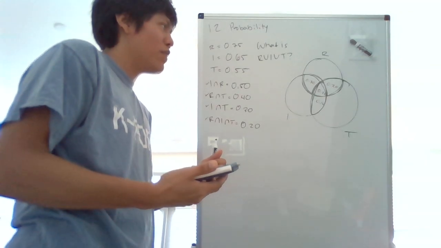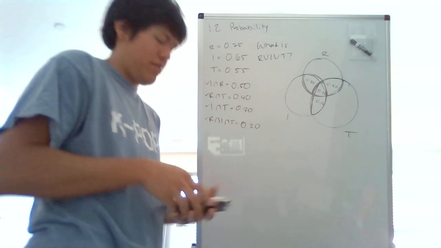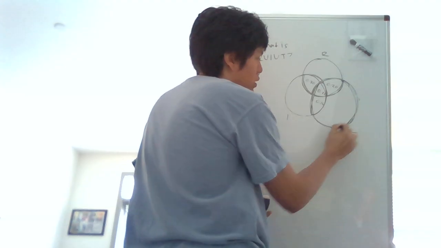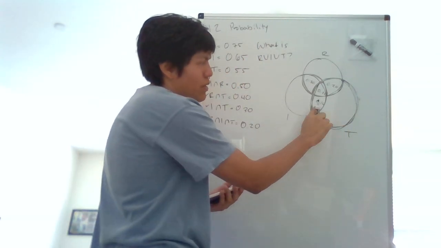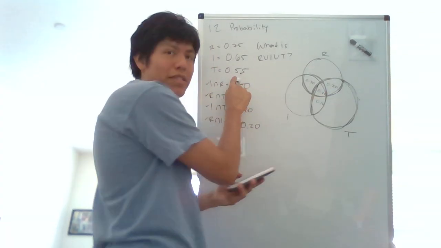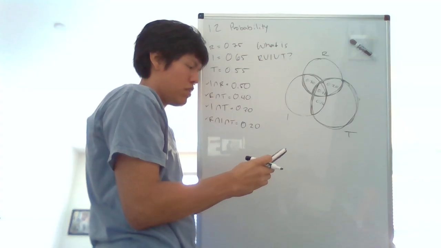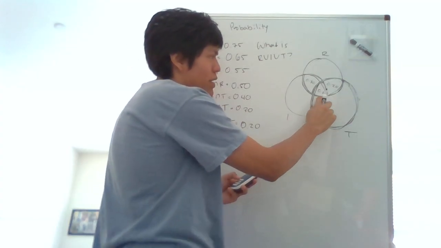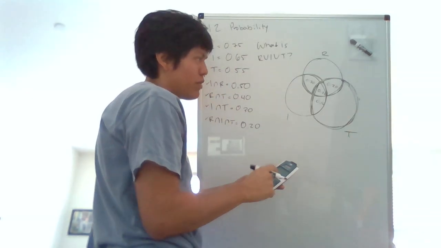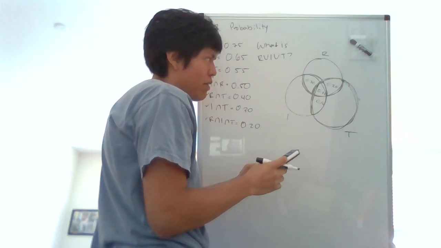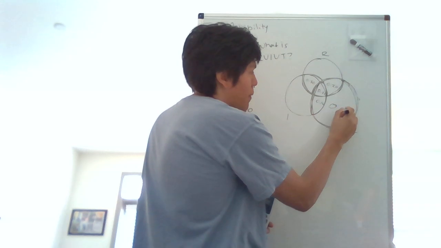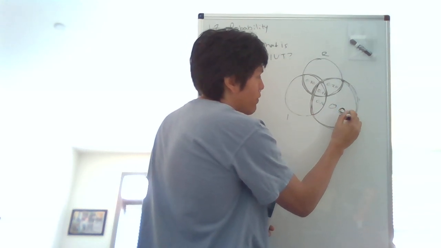And we can just subtract, because we're finding the entire circle now, right, of toasters. That entire circle includes 0.10, 0.20, and 0.20. So we can take 0.55 and subtract these three sections that we've already established. That way we get this remaining section. So 0.55 minus 0.2 minus 0.2 minus 0.1, 0.05. Oops, 0.05.